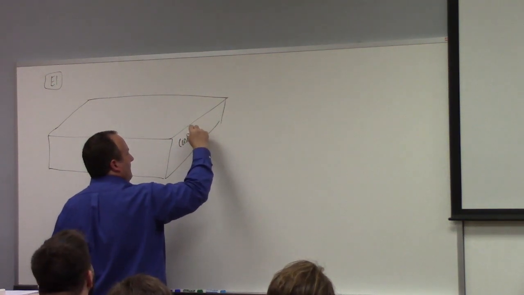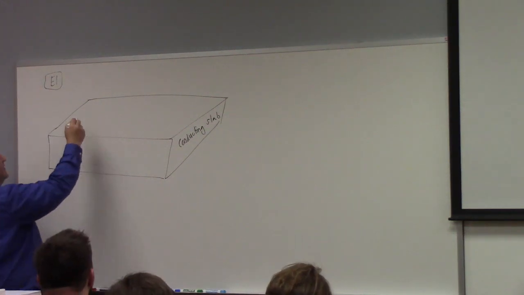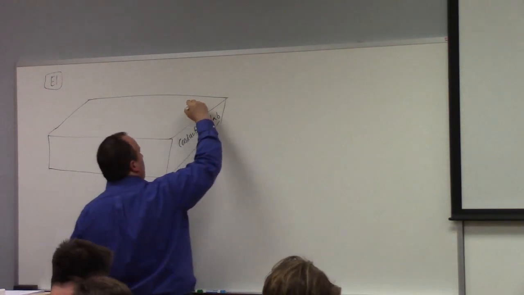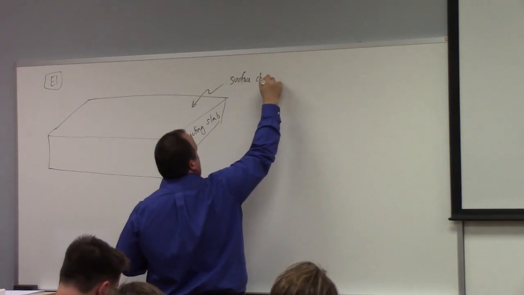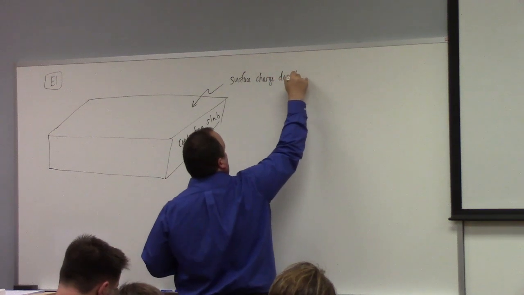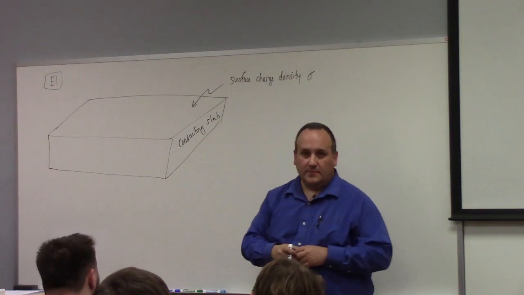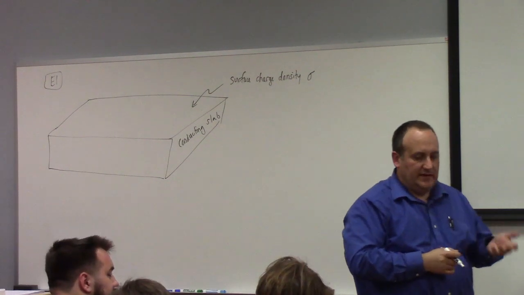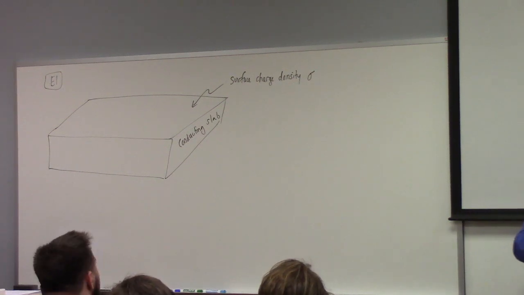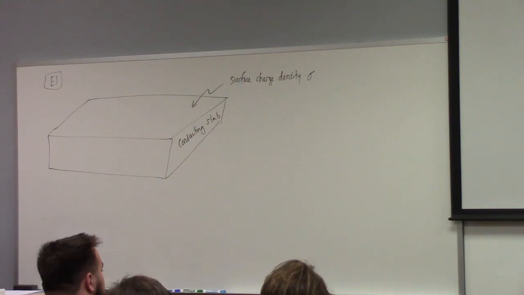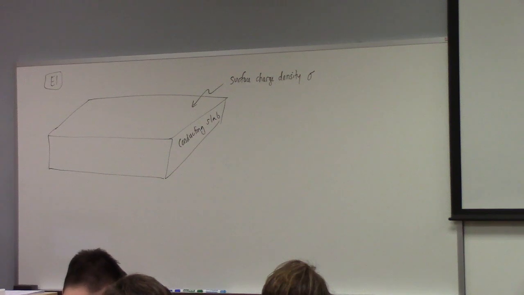And suppose that you have surface charge density, sigma, on that conducting plane. Now, I don't really need to tell you that it's uniform. It has to be uniform because charges are free to move around on the conductor. So if it wasn't uniform, they would rearrange themselves until they were uniform.